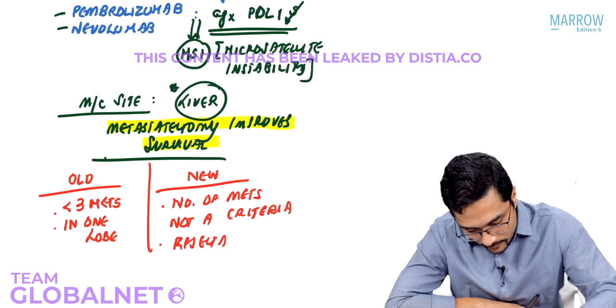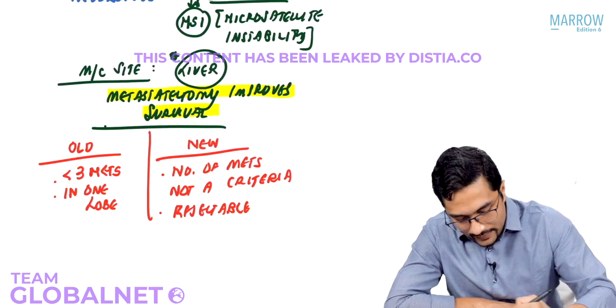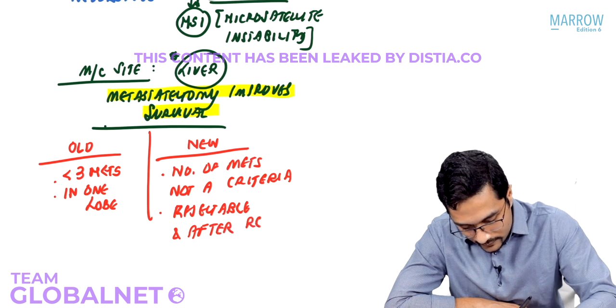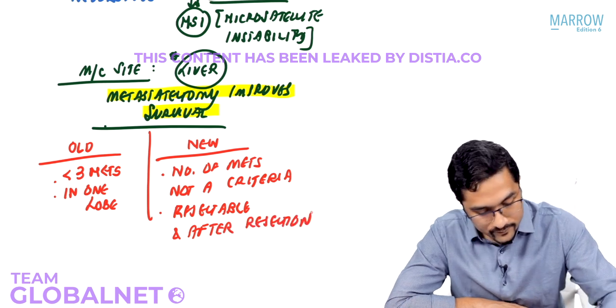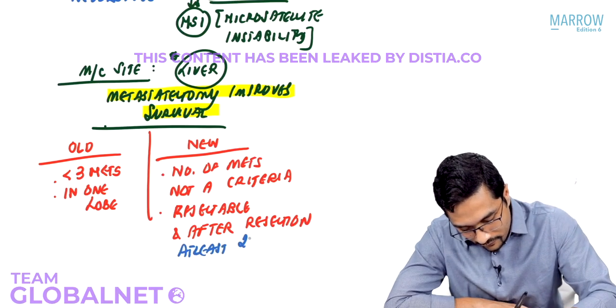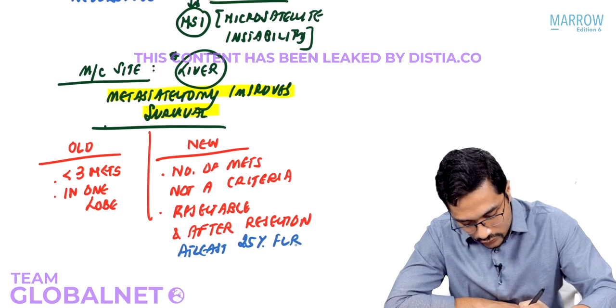These should be resectable, and after resection, at least 25% FLR should be there.